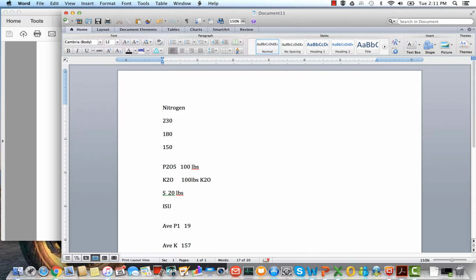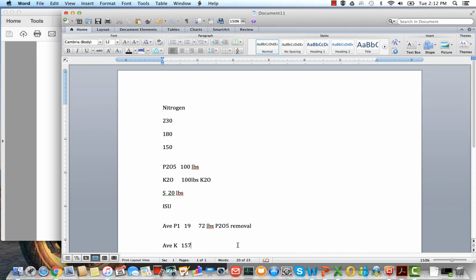Iowa State's at 58 for their 180 bushel corn, but using that same removal factor with our 225 bushel yield, we're going to be at 72 pounds of P2O5 for removal.